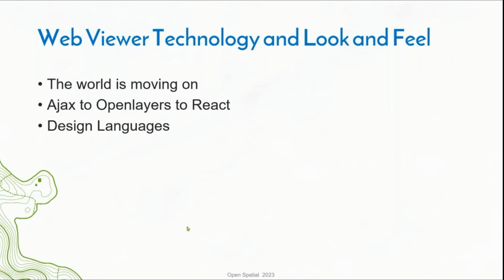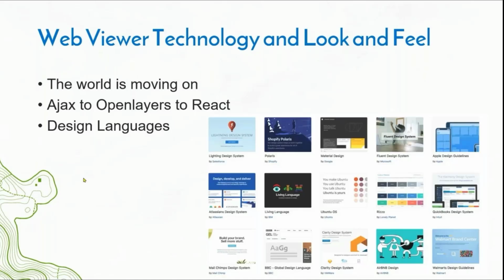In terms of design languages, there are a lot available. There's Lightning Design from Salesforce, there's Polaris, there's Material Design from Google, Fluent Design from Microsoft, the Apple design language. Atlassian has their own one, etc. So there's a lot of them that we have investigated, and we decided to standardize on the Google Material Design language within Enlighten.